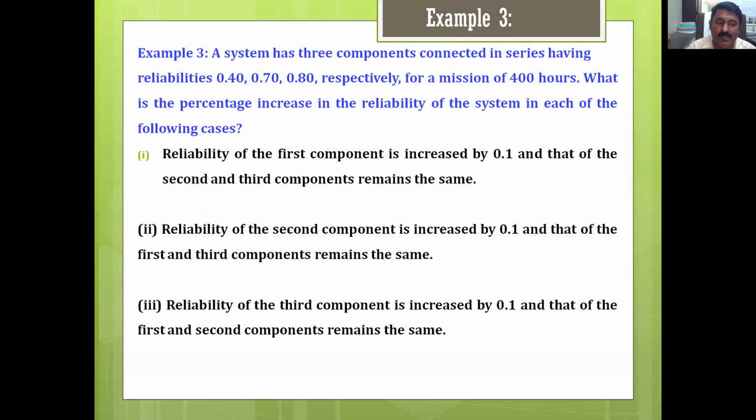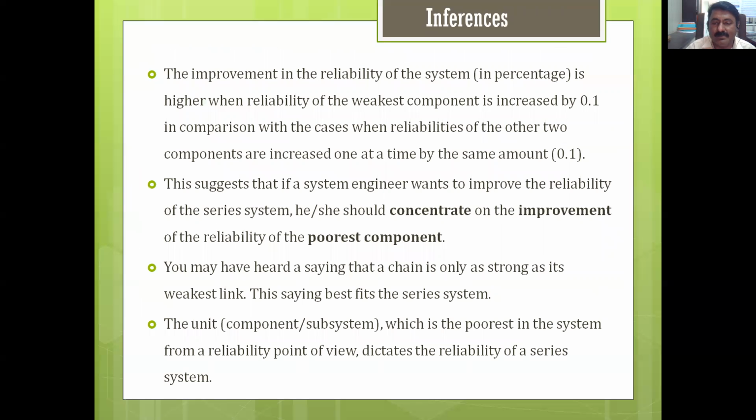We also discussed that if a system is given having different reliabilities, and we increase the reliability of component 1, component 2, and component 3 by 0.1 respectively, keeping the other two constant, then we arrived at this observation.